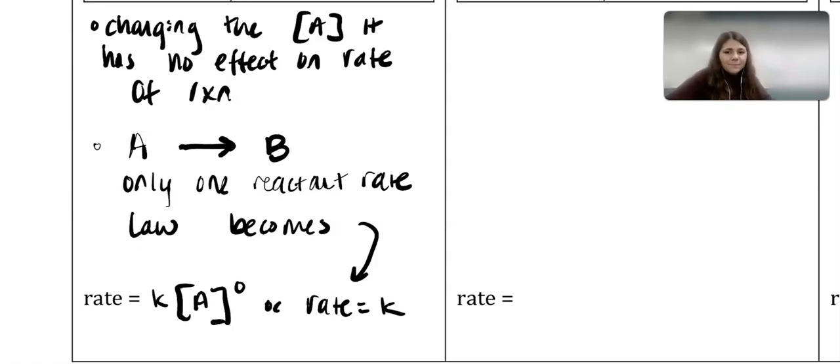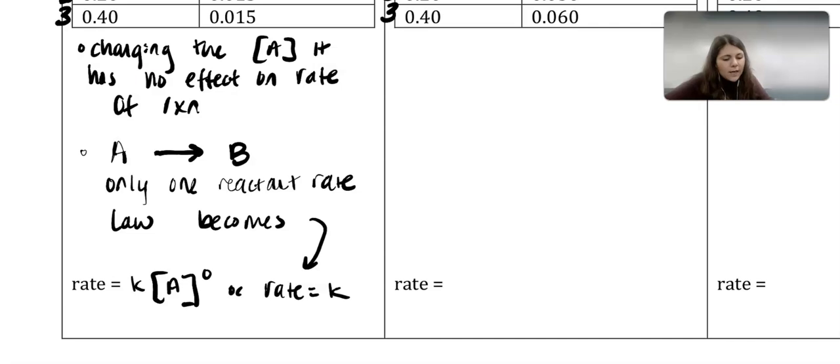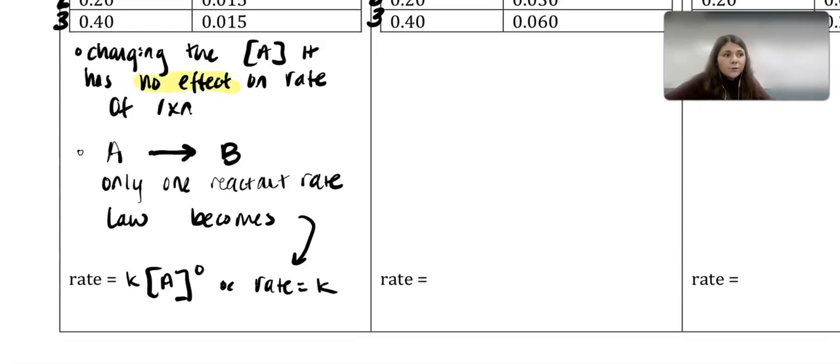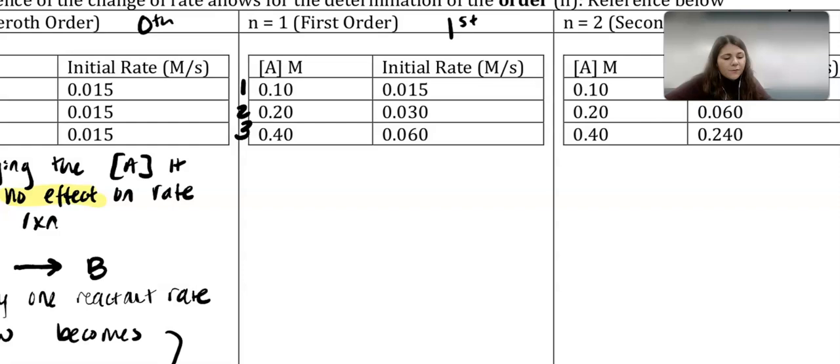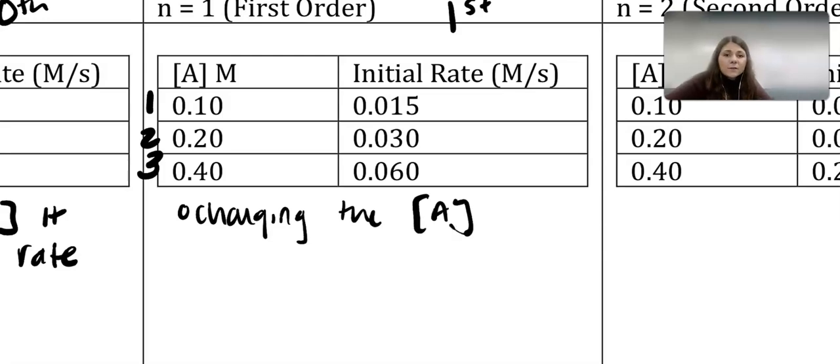All right. Now let's look at first order. So looking at first order, you can see when we change the concentration of A, how does it affect the rate? So here, when I go from trial 1 to 2, it multiplied by 2.